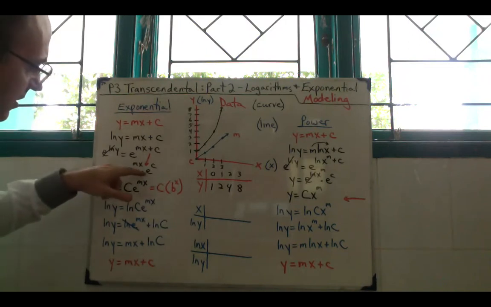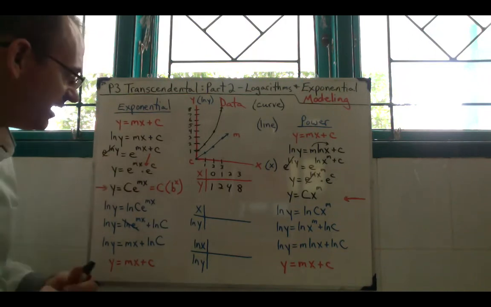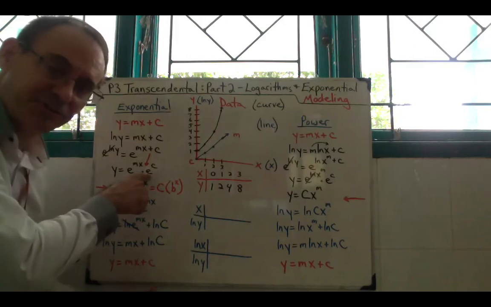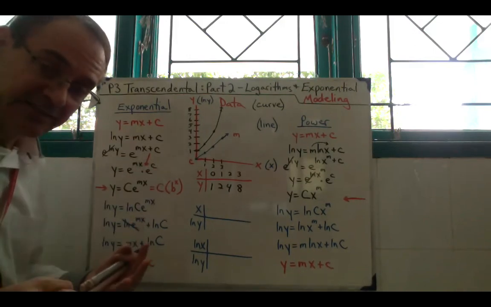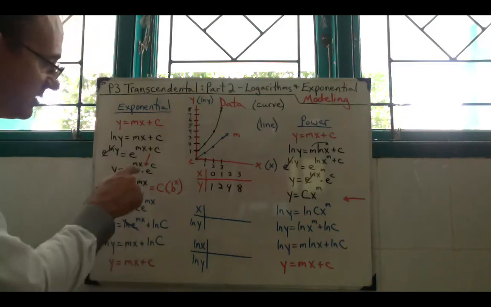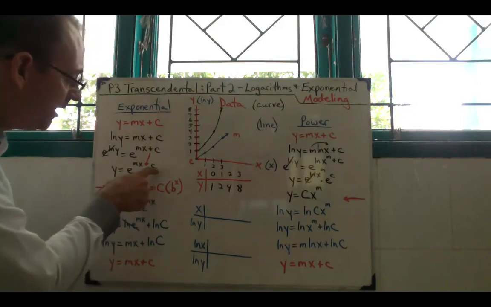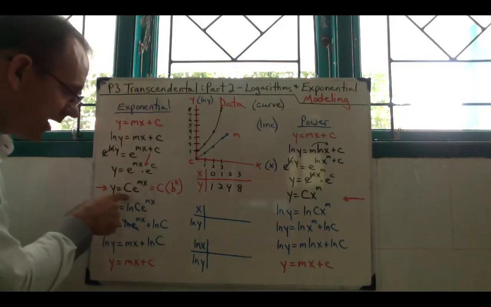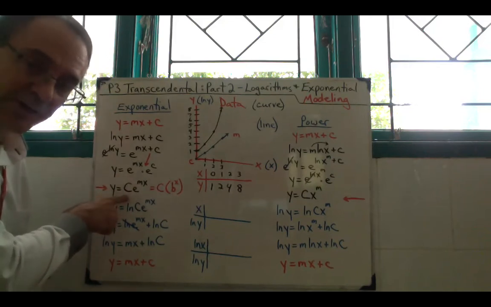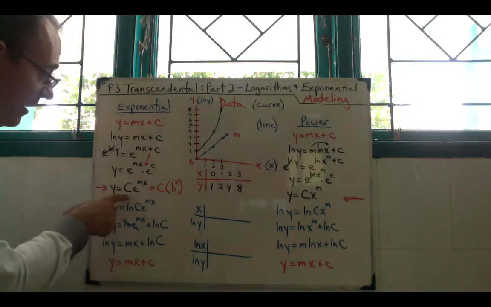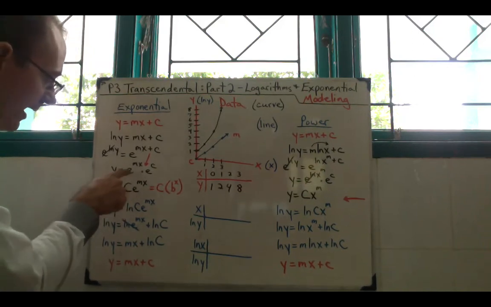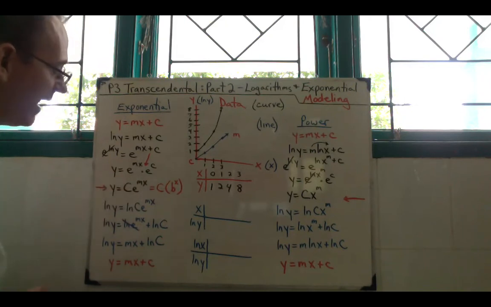Now, this e to the c, base e, or natural e, raised to a number, a constant, is still going to be a constant. So this e to the little c becomes a constant itself, now represented by a capital C, and it's multiplied by our e to the mx.